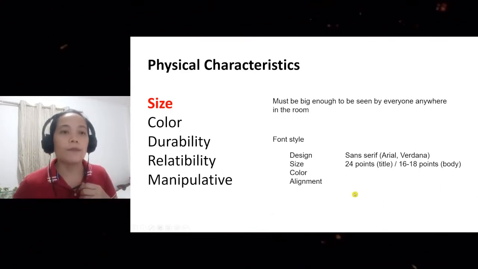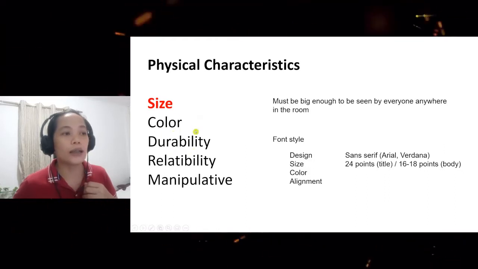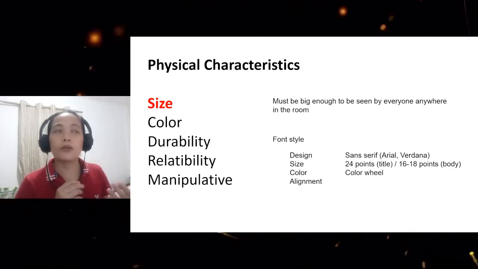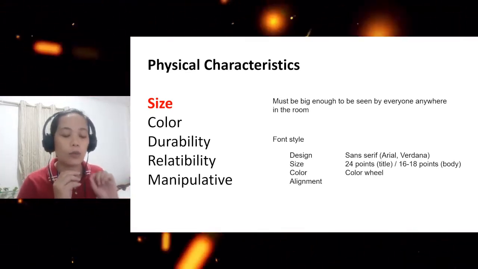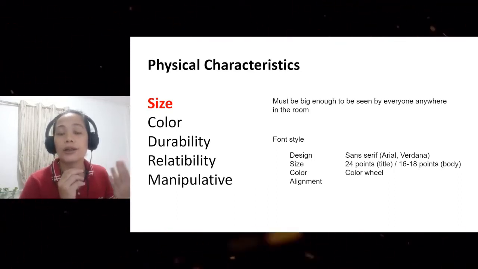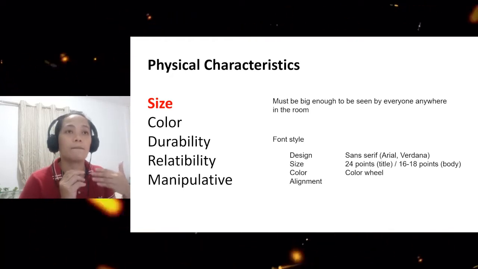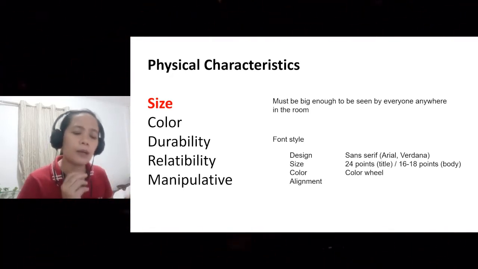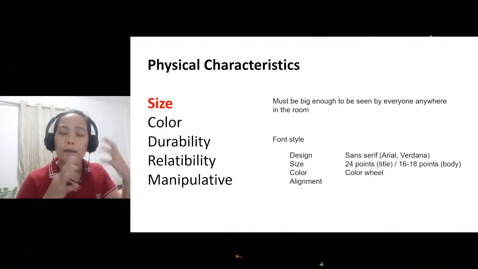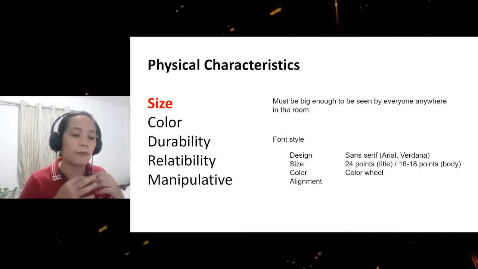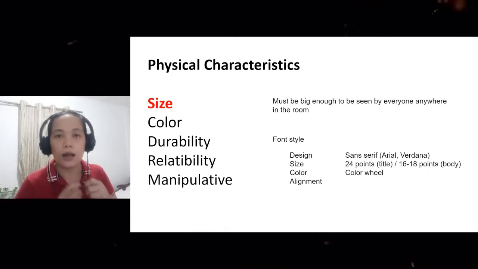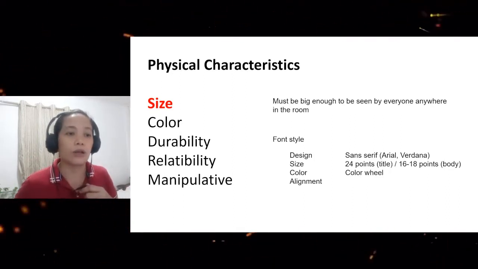And then the color. Later on we are going to discuss further about colors, but of course when we put content to our slides, we have to really identify the colors. We really need to choose the colors that we are going to use in our PowerPoint presentation. Not only in the PowerPoint presentation, but for the actual material that we are going to bring inside the class, like for example posters, pictures, or other materials needed in our instruction.